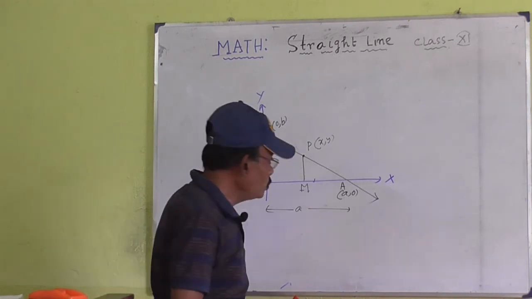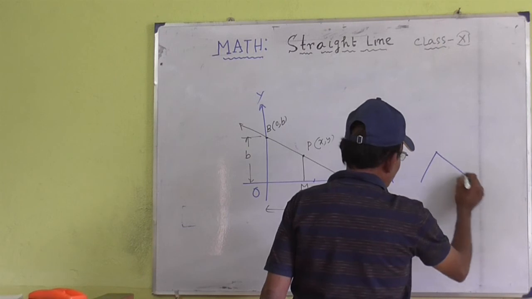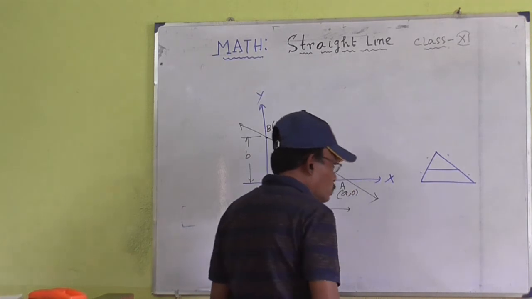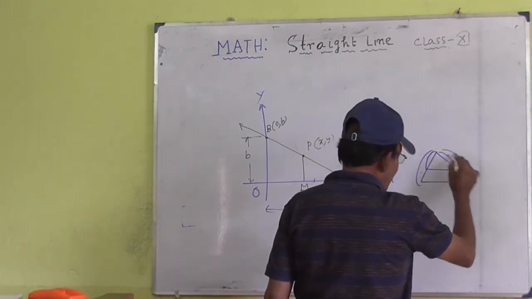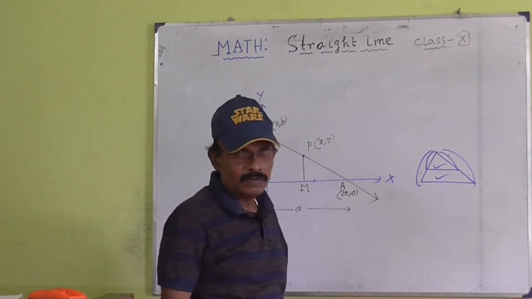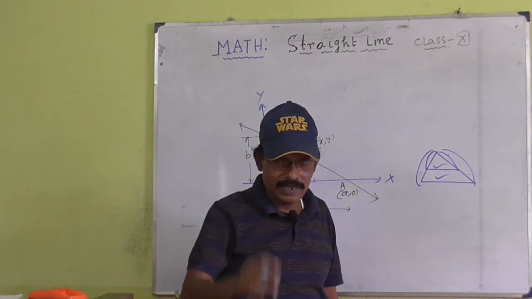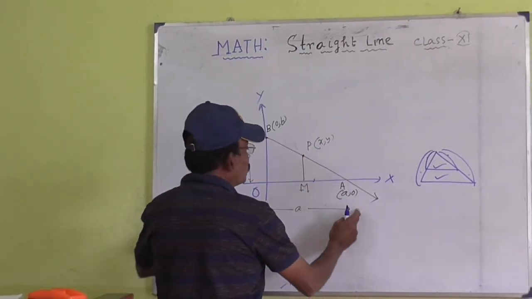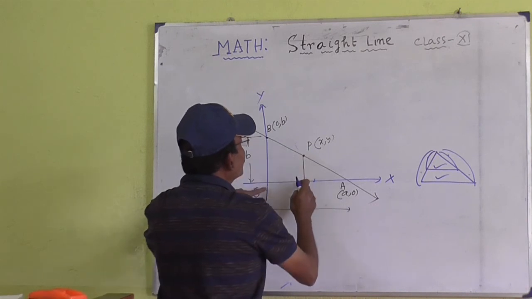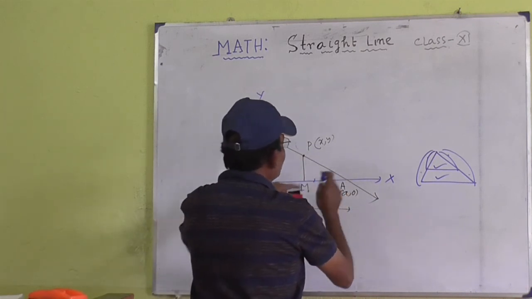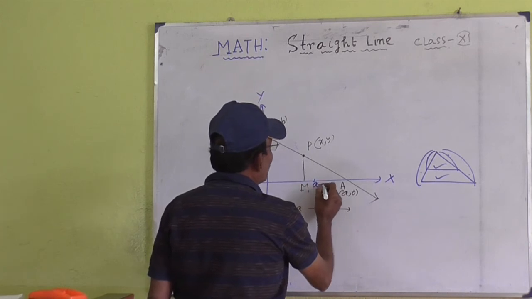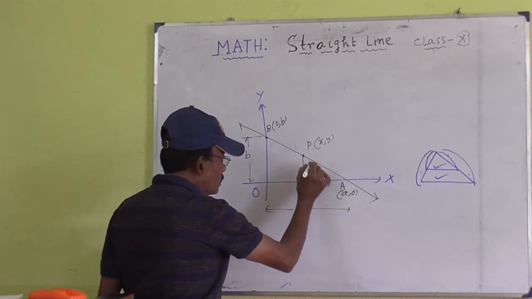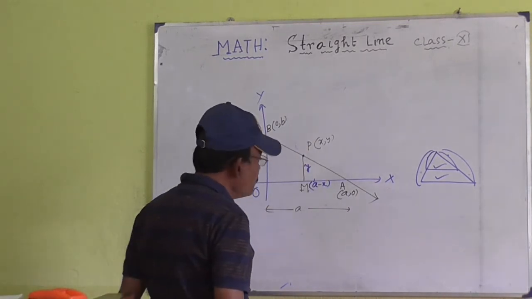So, from the theorems of similarity, this triangle is similar to this triangle. From class 10, we know that if triangles are similar, this by this equals this by this, and also this by this equals this by this. Okay. So this total length is a and this is x, so this length is a minus x. This length is y and this length is b.